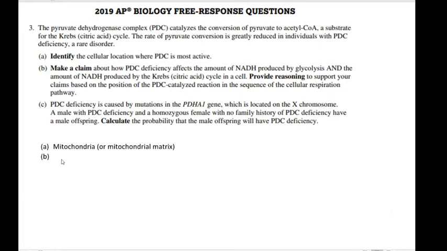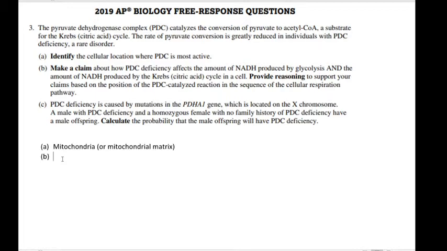So, we know that at the end of glycolysis, we wind up with pyruvate, and pyruvate goes into the citric acid cycle. And going through the citric acid cycle, we get that reduced out to eventually carbon dioxide. It does some substrate level phosphorylation, gets us some ATP, and we also get NADH produced.